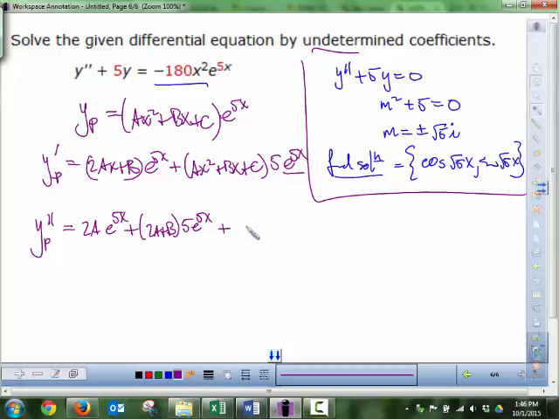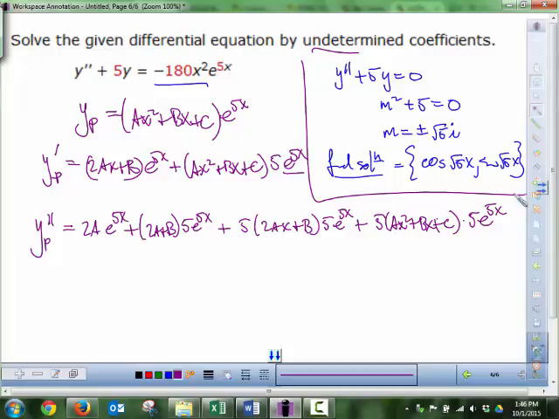So derivative of the first, I'll keep that 5 outside: 2ax plus b times the second, 5e to the 5x, plus the first, plus the derivative of the second.